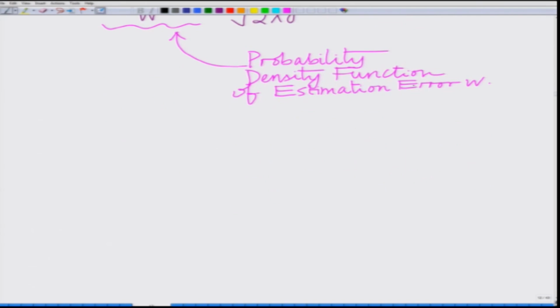And we need to have the condition that the probability magnitude w greater than or equal to sigma by 2 must be less than or equal to 10 to the power of minus 4. This is what we have already seen.